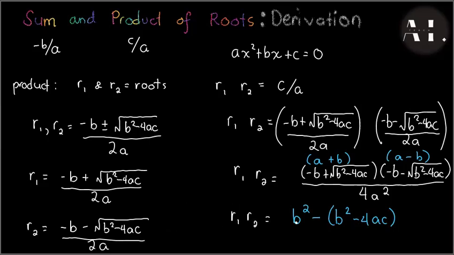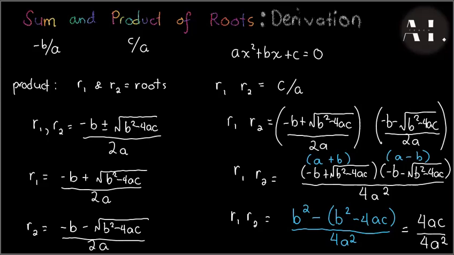So the product of the roots will be given by this expression in the numerator and the expression on the denominator. Further simplifying this by combining the terms here, b squared minus b squared is equal to 0. So the numerator is simplified as 4ac and the denominator is 4a squared.